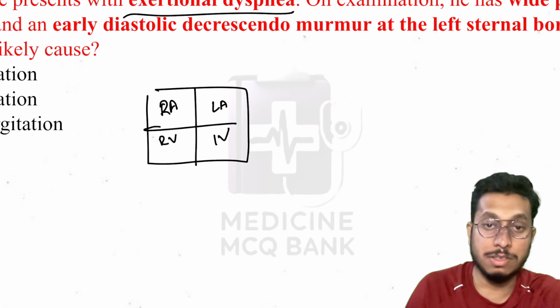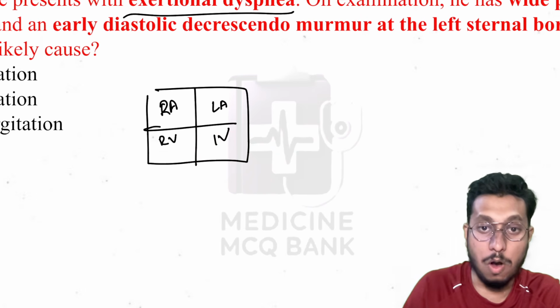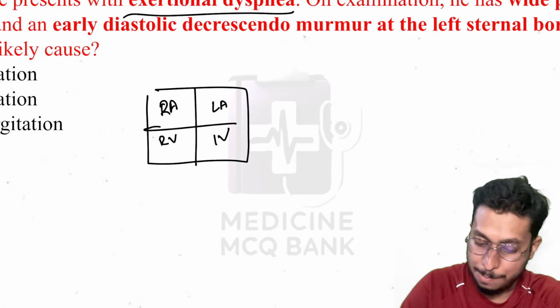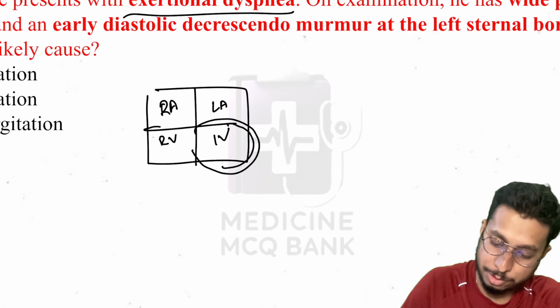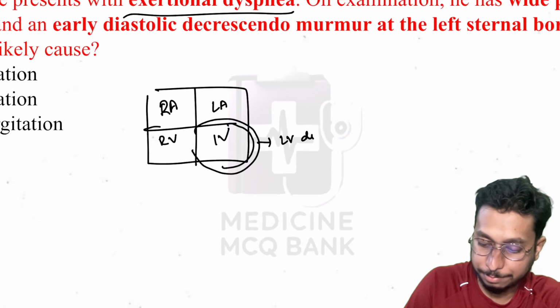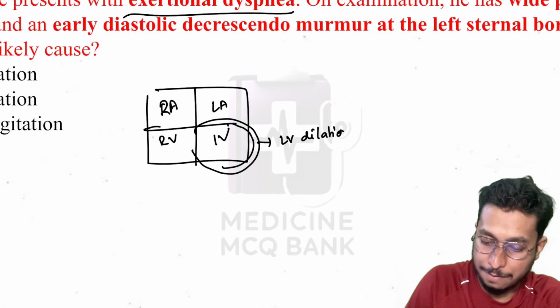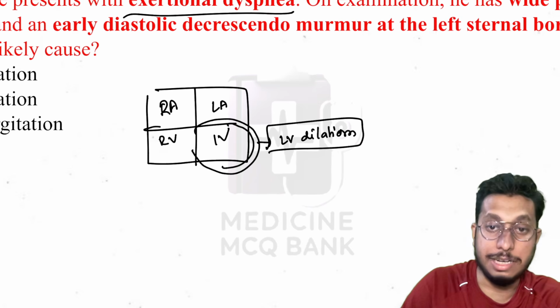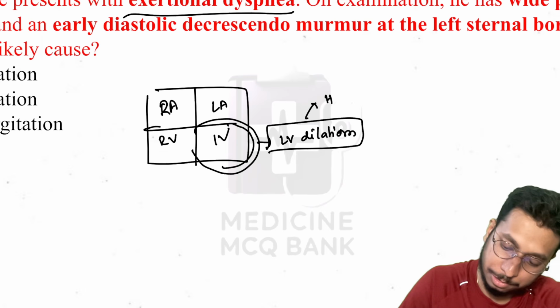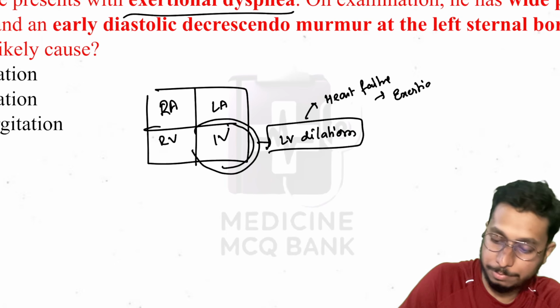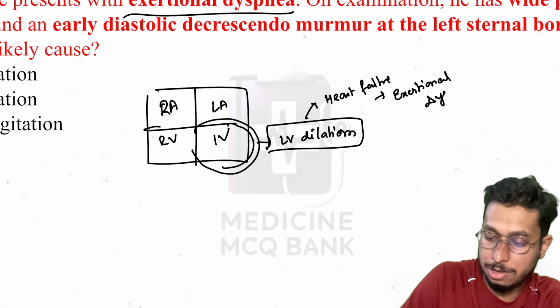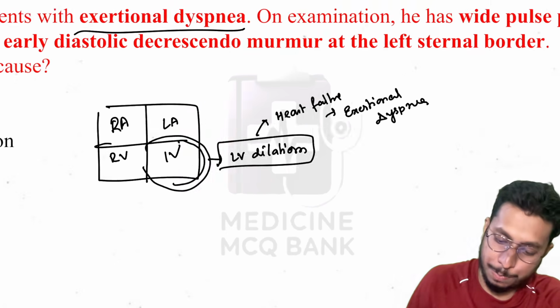All of this ultimately leads to a state of LV dilatation. Left ventricular dilatation in turn will lead to heart failure and the symptom of exertional dyspnea.